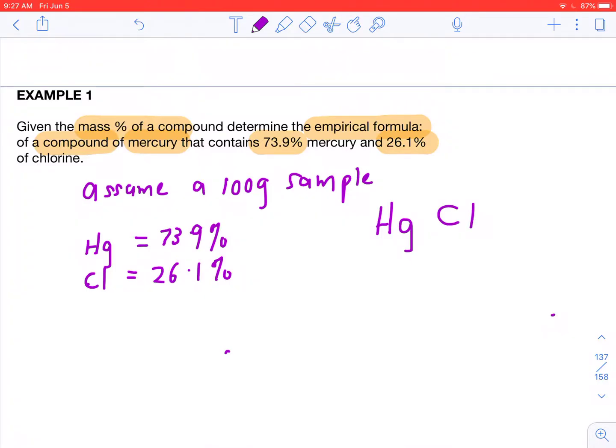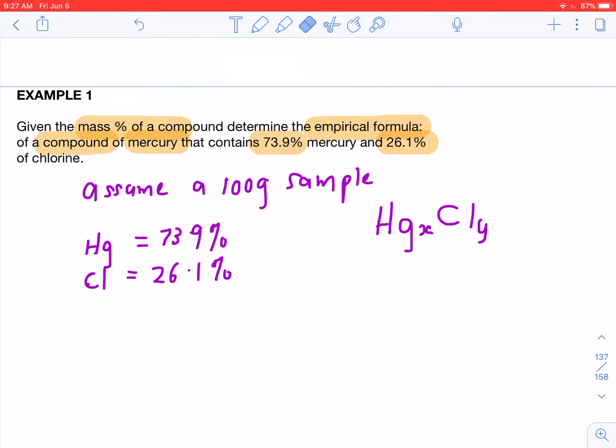And we know we have HgCl, but we don't know how much we have of Hg, and we don't know how much we have of Cl. Those subscripts we don't know. All we know is it has mercury and it has chlorine.